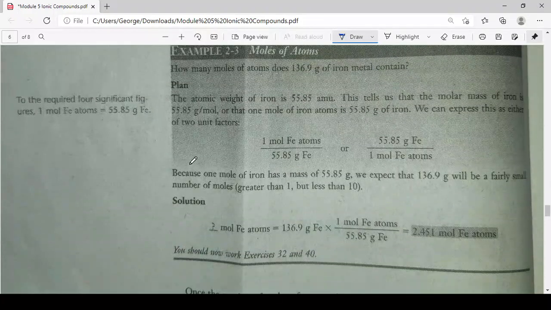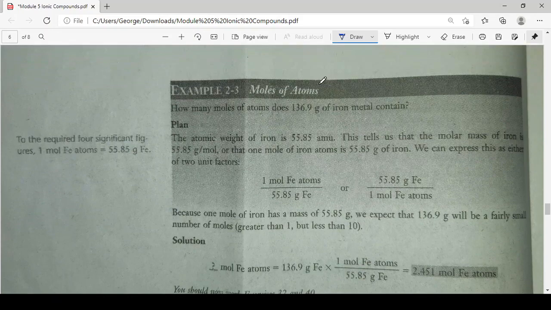Now that we are going to example 2.3, let us learn how to solve. First, look at your example 2.3. We will be solving for moles of atoms. How many moles of atoms does 136.9 grams of your iron contain? Your iron, the symbol is Fe.